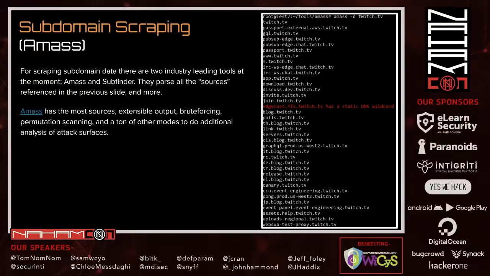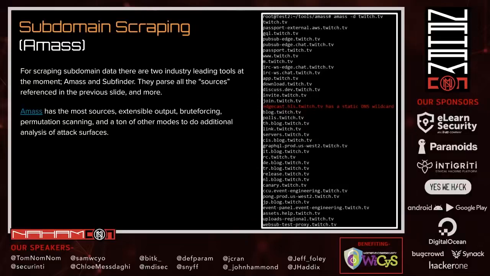In my workflow, I kick them off at the same time in a script. They go off and do their thing. They don't take too long, usually anywhere from 2 to 10 minutes to gather all of the subdomains for the root or seed that I'm looking for, and then they come back and give me the output, right?